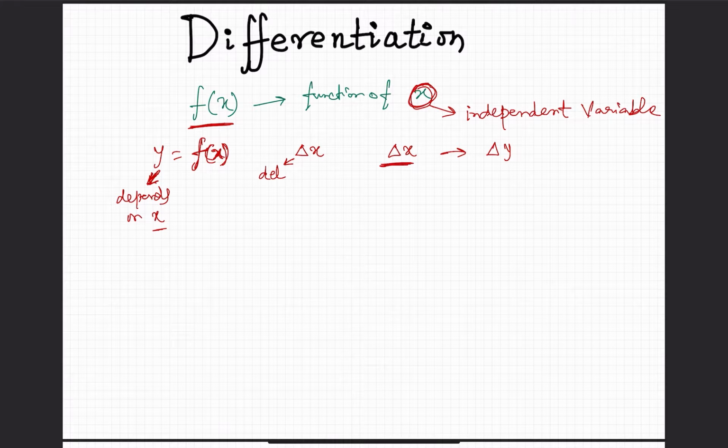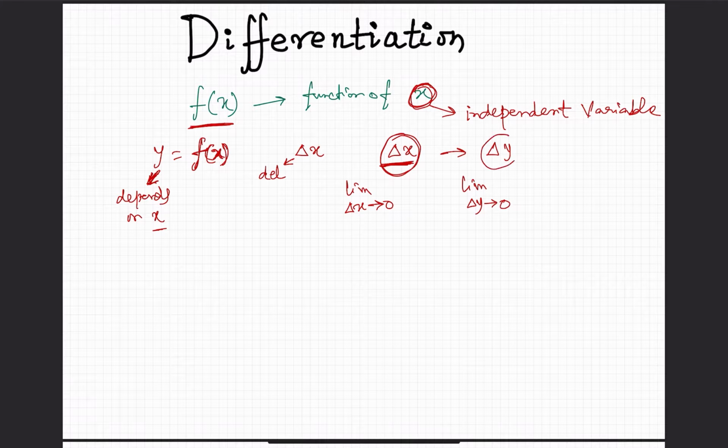Del x has to be approaching 0. That means limit del x has to be approaching 0, and accordingly limit del y has to be approaching 0. So we have to take the change in x as a very small value, infinitesimally small, which is not equal to 0 but is tending to 0.